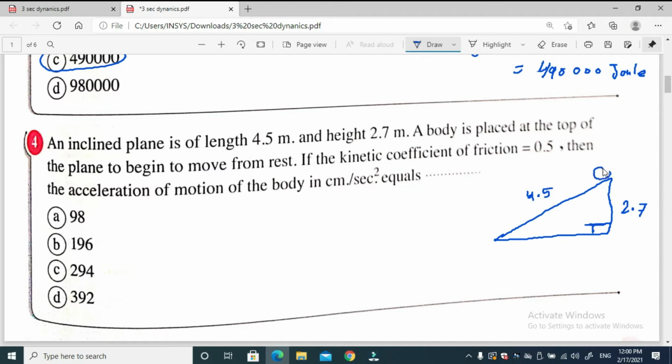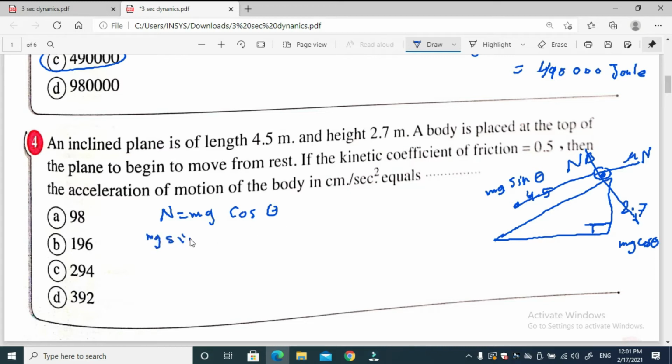A particle is placed on it, so mg sin theta is the component of weight on the line of the greatest slope, mg cosine theta, that's N, and mu N. N equal mg cosine theta. Equation of motion: mg sin theta minus mu N equal ma.